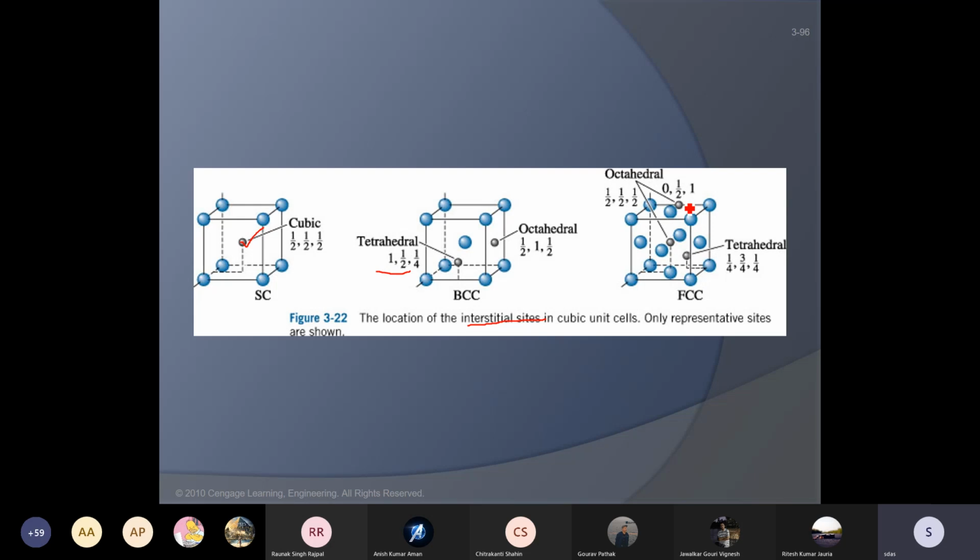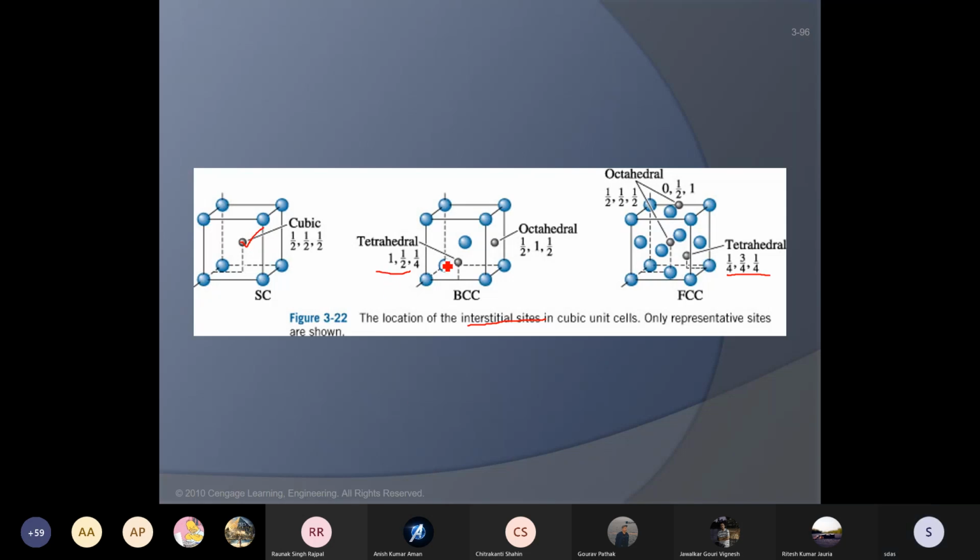This body center and edge center sit in the center of an octahedron. So these sites are called octahedral interstitial sites. This position in the face-centered cubic iron sits in the center of an imaginary tetrahedron. So these interstitial positions, whose coordinates are shown here, are called tetrahedral interstitial sites.